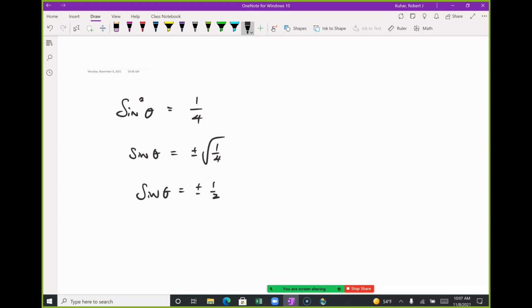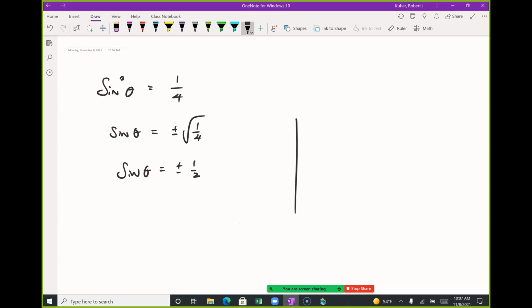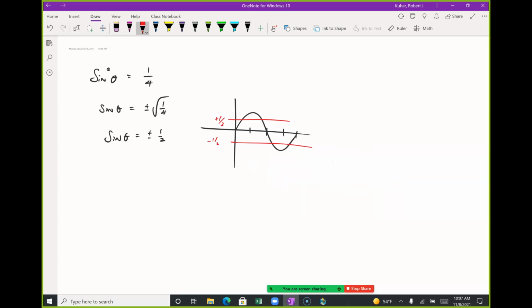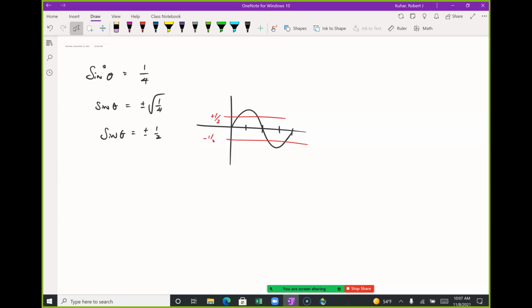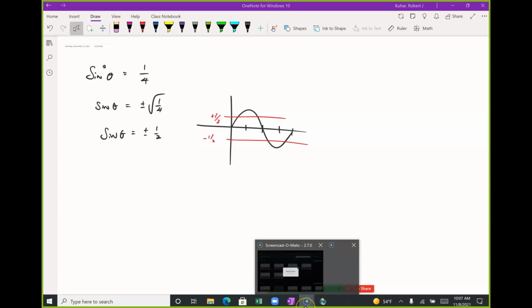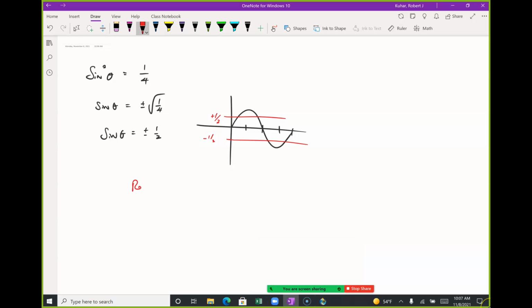All right, that's nice because we know that the sine is doing this, and we know we hit a plus 1/2 in 2 quadrants, and we hit a minus 1/2 in 2 quadrants. So we hit a plus or minus 1/2 in all 4 quadrants. So we know we're going to be using 4 triangles, but what's our reference angle?